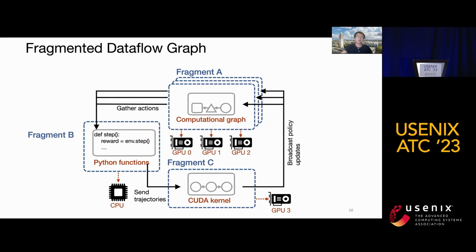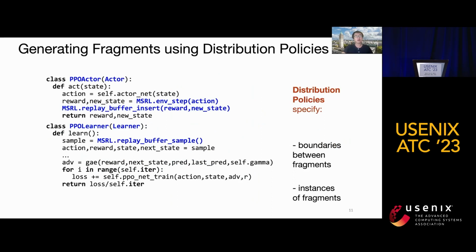So the next question here is, how do we generate those fragments? Well, MSRL generates a fragment based on the information provided by the distribution policy. There are two key pieces of information provided by the distribution policy that will be used in fragment generation. The first one is the boundary information between the fragments, and the second one is the instance of the fragment.